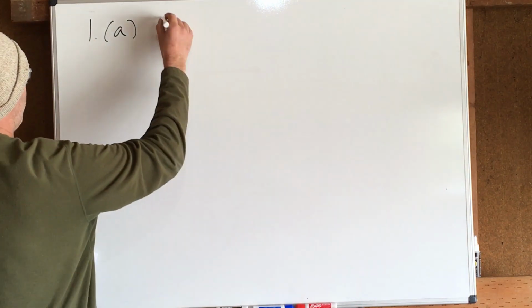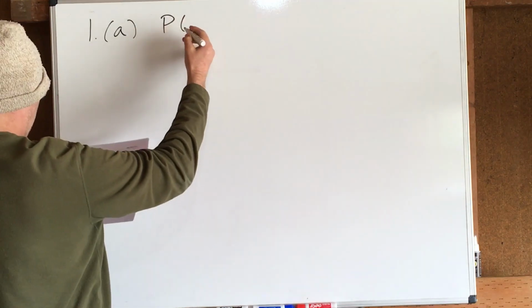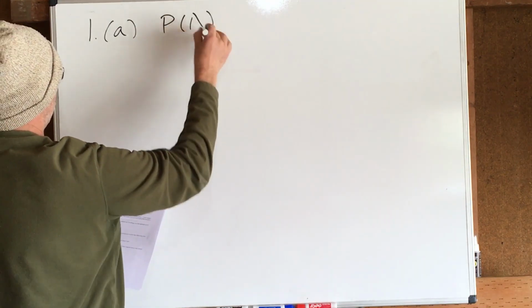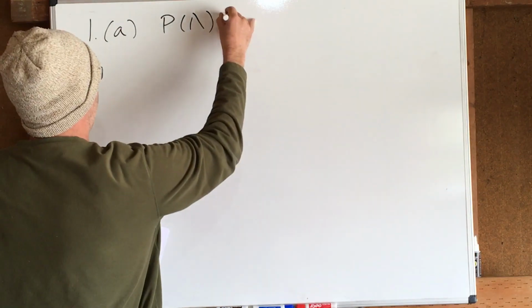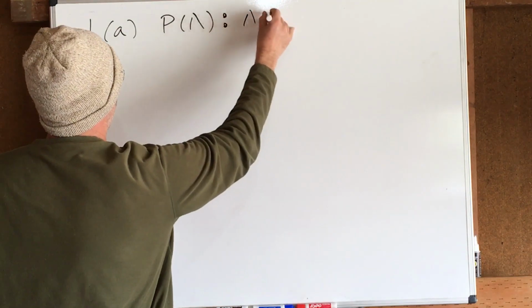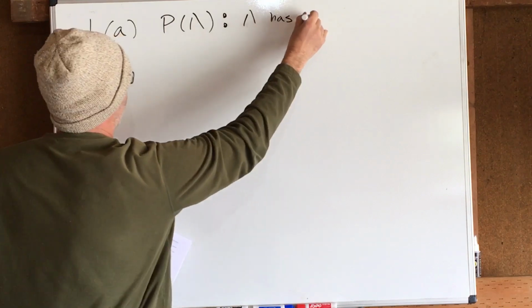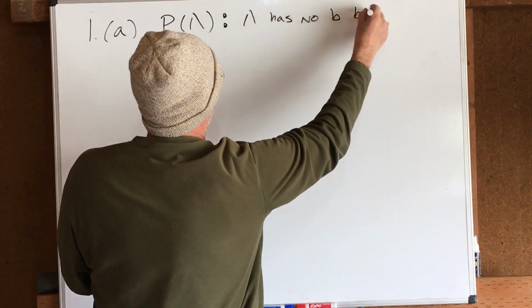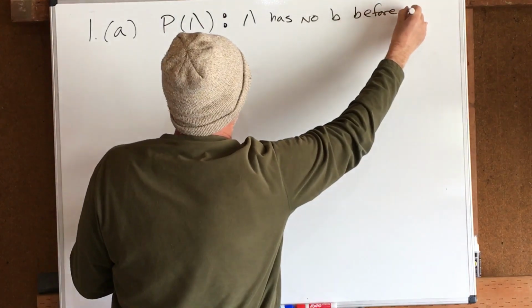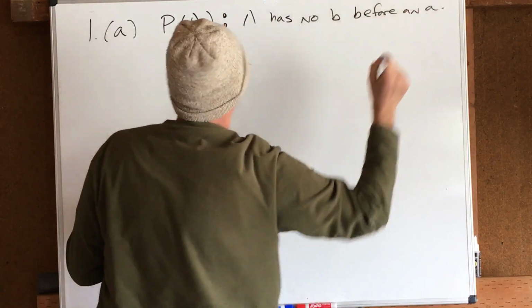So for 1A, we need to prove P of lambda, and that is that lambda has no B before an A.